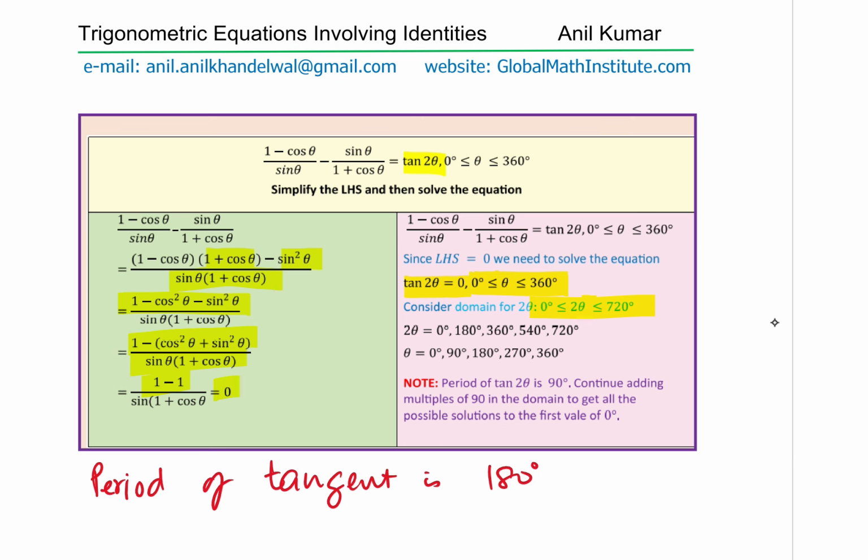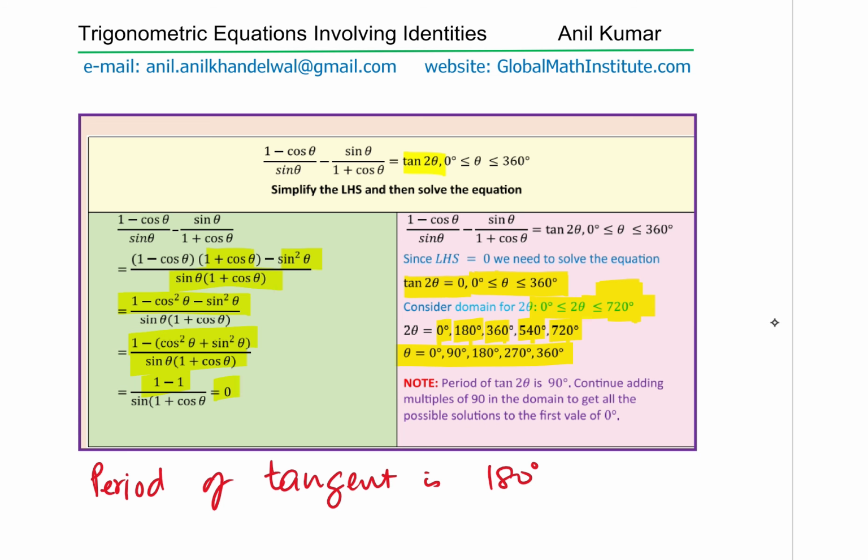We know tan 2 theta is 0 for 0. Keep on adding 180, keep on adding 180 up to 720. So you get 1, 2, 3, 4, 5 solutions. Now divide by 2 to get the real solution, and that is how you solve this trigonometric equation.